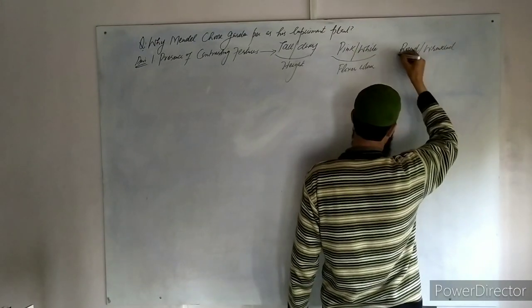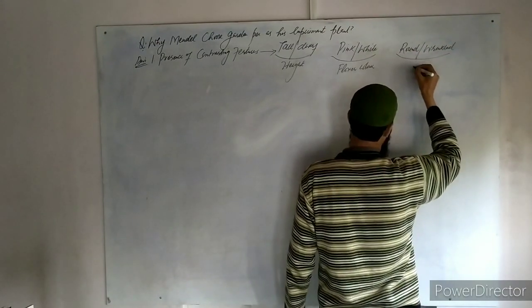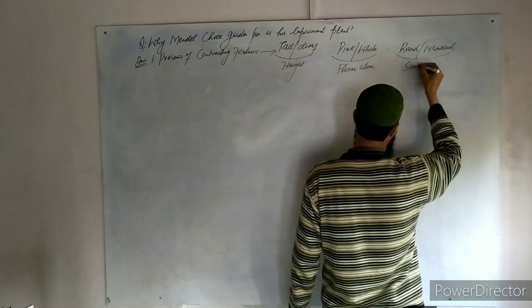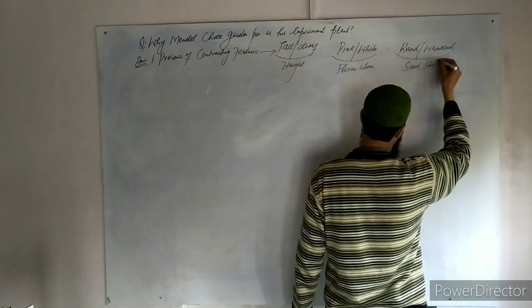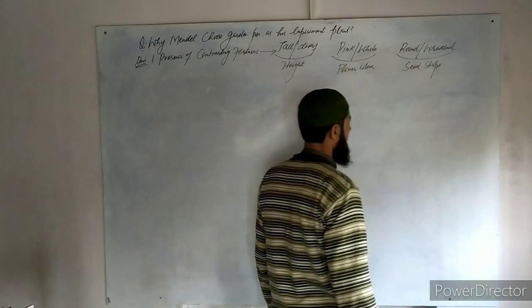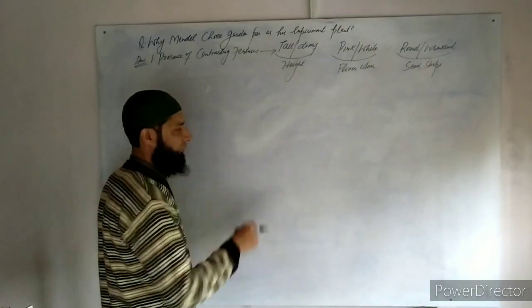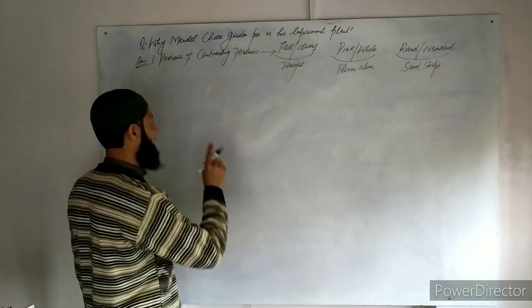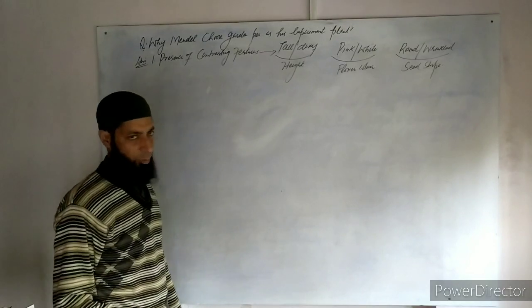These are two contrasting features of the same character, that is seed shape or form. And on the basis of these contrasting features, Mendel selected this plant as his experimental plant.